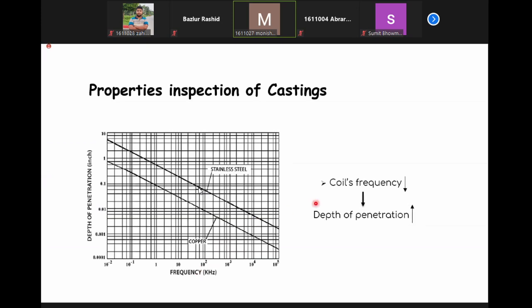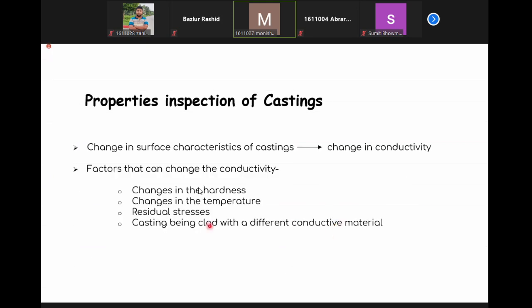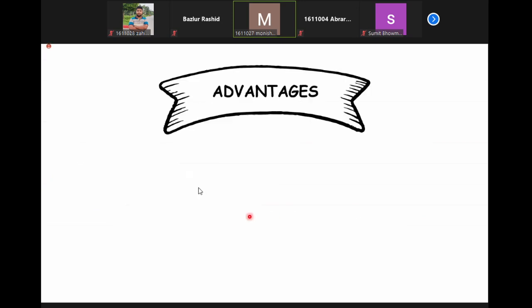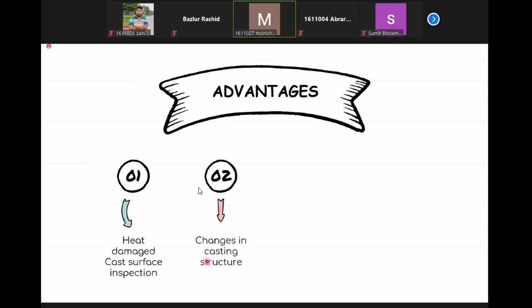To overcome this, we have to reduce the coil's frequency, which will increase the depth of penetration. Other things that can affect the conductivity are hardness, temperature, residual stress, and the presence of other conductive material there.